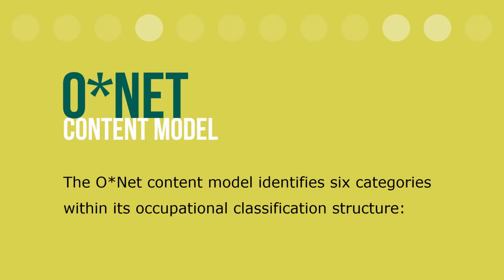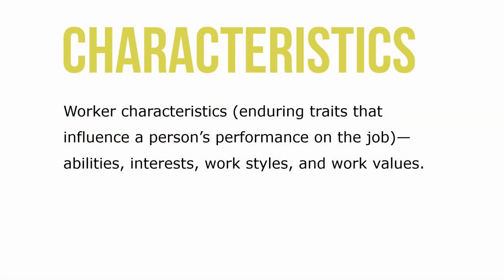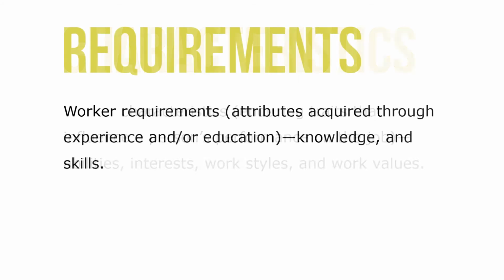The O*NET content model, located at the website that we previously discussed, identifies 6 categories within its occupational classification structure. Worker characteristics are enduring traits that influence a person's performance on the job: abilities, interests, work styles, and work values. Worker requirements are attributes acquired through experience and/or education, like knowledge and skills.